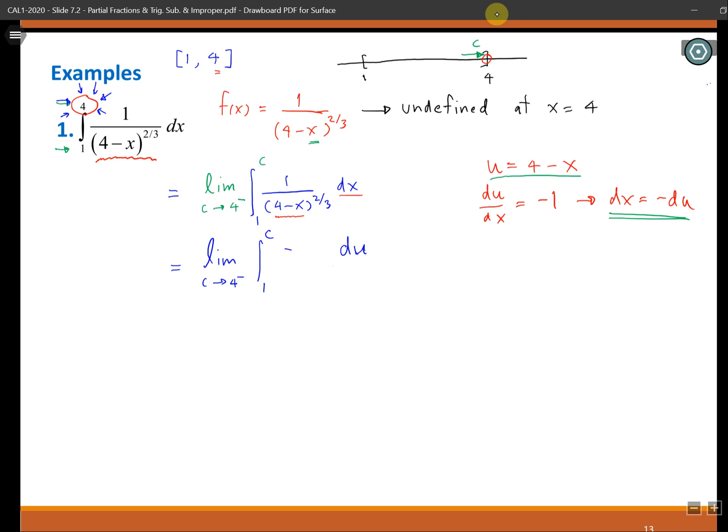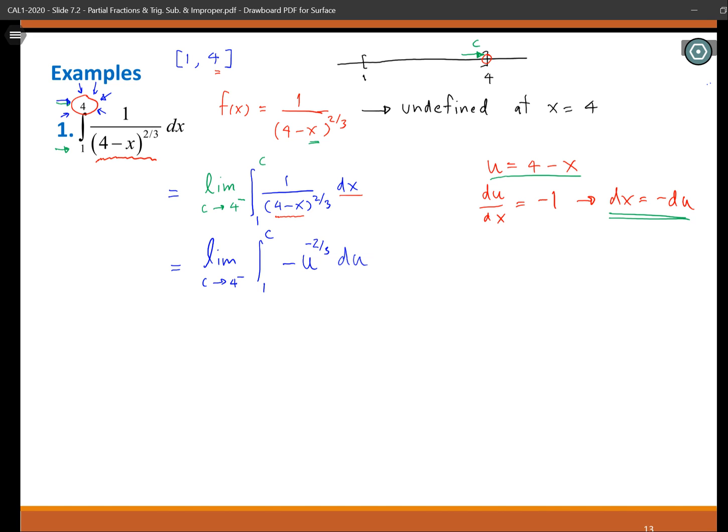Now I've moved it up, so it's going to be u to the power of minus 2 over 3. Let me move this minus sign to in front of the u.